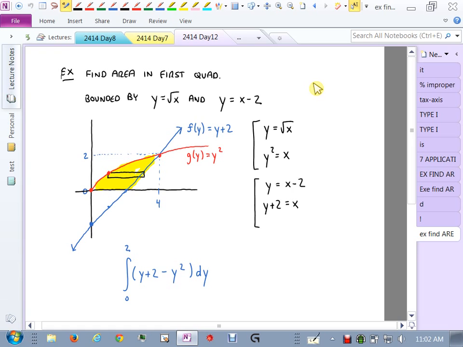And then I showed you that we could look sideways and make our rectangle be horizontal instead of vertical. When we do that, we have to switch our equations and solve them for x instead of y. And then we rewrite the integral in terms of y instead of x. I just gave you one example of that. I want to do a few more of those today, and then we're going to move on to the next section.